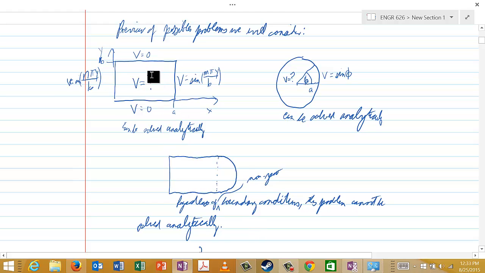Here, the rectangle can be solved analytically, the circle can be solved analytically, but when we put half of a circle with a rectangle, now we can no longer solve this by hand. And so you see that it's very easy to find a situation where it's just too complicated to be done by hand. And so, if we learn how to use the numerical methods for simple regions like this, it'll be fairly simple to apply them in a slightly more complicated situation like this, where the analytical solution is not available.